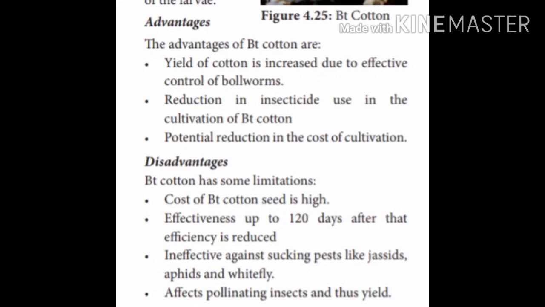Disadvantage பார்த்தீங்கன்னா, the cost of the BT cotton seed is high. Effectiveness up to 120 days only. After that it is reduced. Ineffective against sucking pests like jassid, aphid and whitefly, affecting pollinating insects and the yield. So இதெல்லாம் disadvantageல வரும், சரியா? Advantage, disadvantage ஒரு 3 + 4 படிச்சுக்கோங்க. It is also a very important question.